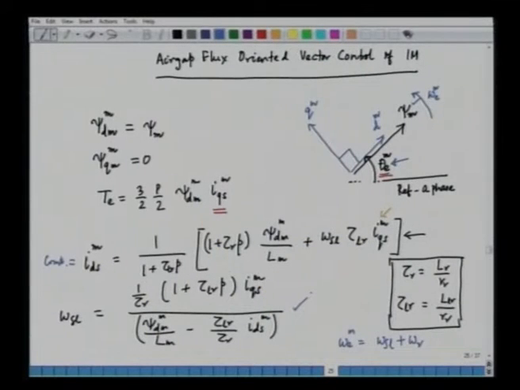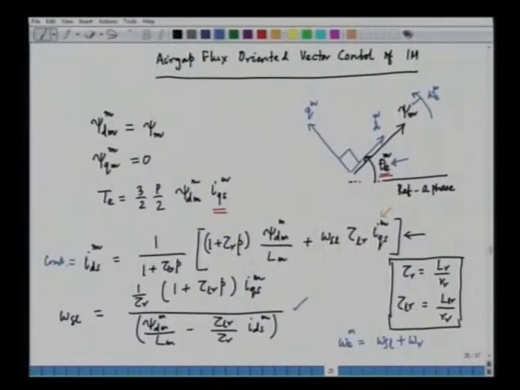If we add these two, we get the speed of the air gap flux vector, and the integration of that will give us the angle of the air gap flux vector with respect to the stationary phase A axis. And this angle can be used to transform the dq variables in the air gap flux reference frame to the physical variables of the machine, that is A, B and C.